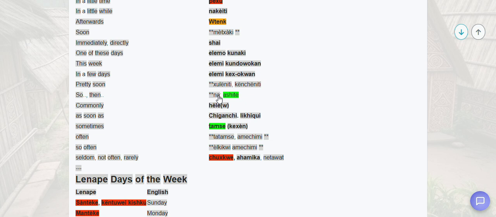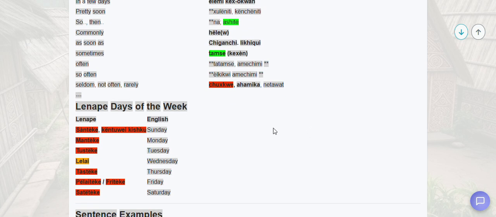Then na means so, it means then. And then you have commonly, hello, and then you have different stuff. And there's different ways to say sometimes, but tamse or ta tamse is fine. Kèchen. And then el kikwi just means like so. It also means size. So just keep that in mind.